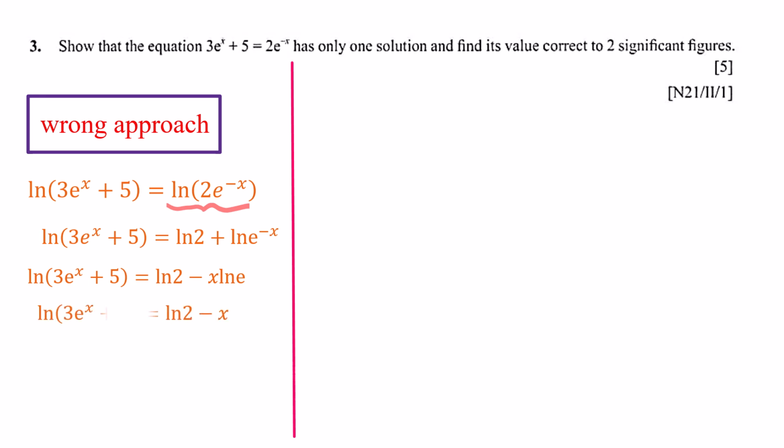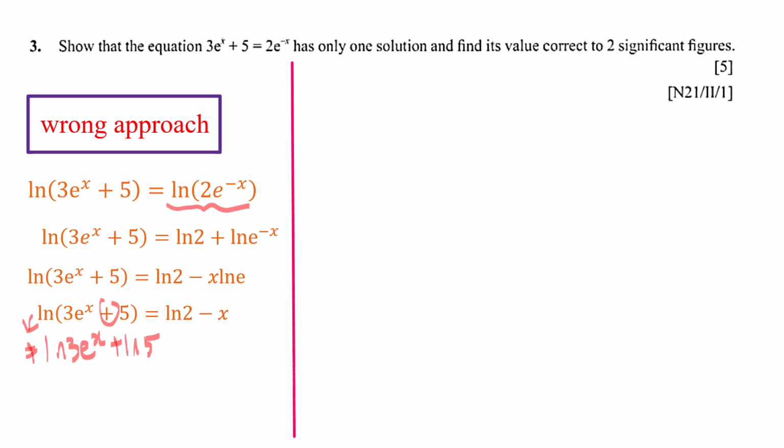And then you will find that you get stuck here. You just cannot proceed. Why can you not proceed? Because surely this is not equal to ln 3 e to the power of x plus ln 5. It is not equal, because the operation here is a plus, not times. Okay, so you cannot do that.